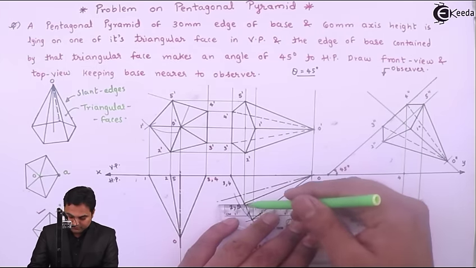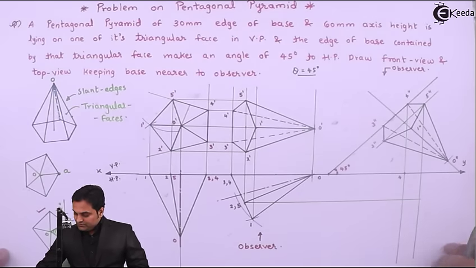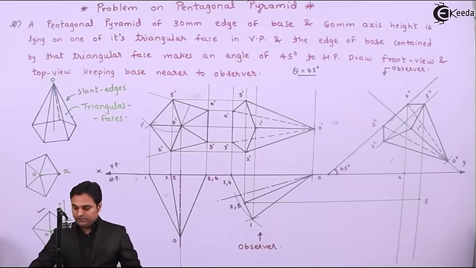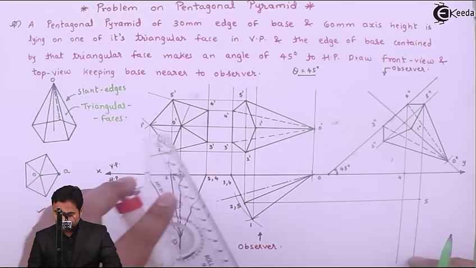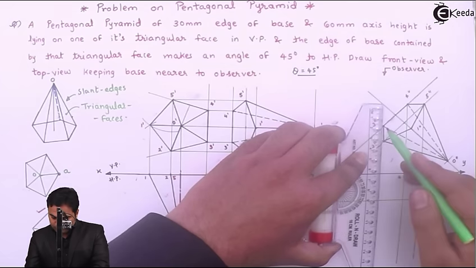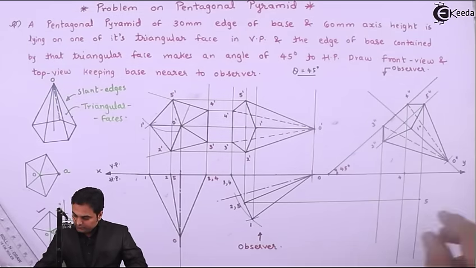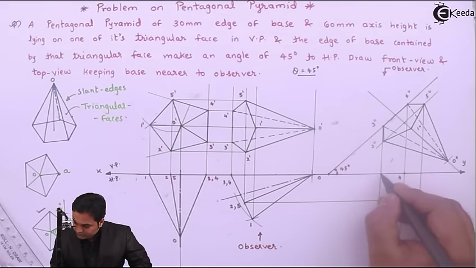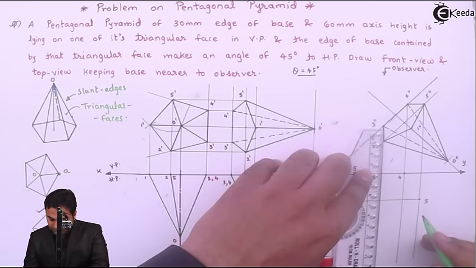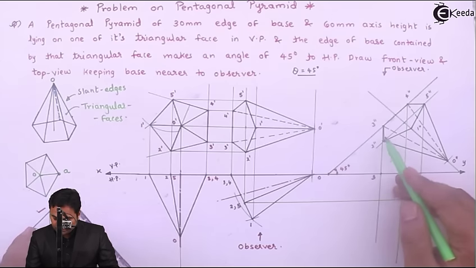Will be projected from here 2 to 5. So this is 5, then 3. Point 3 is on XY line, so here the intersection is on XY. Next 2, the gap is very minimum between 2 and 3, almost they are on the same line.